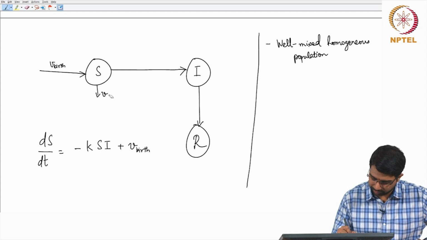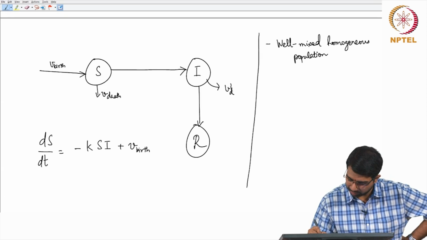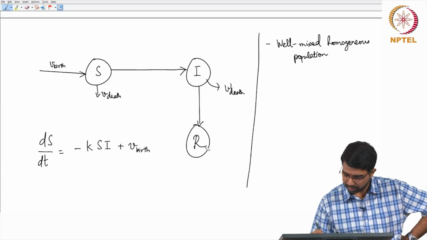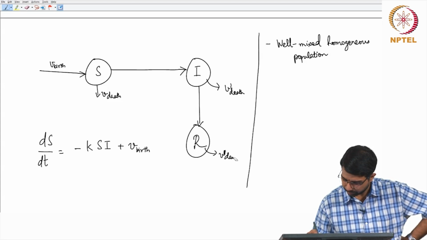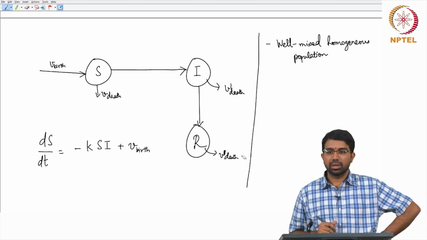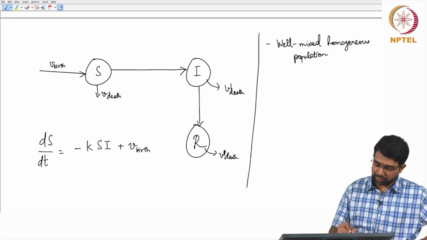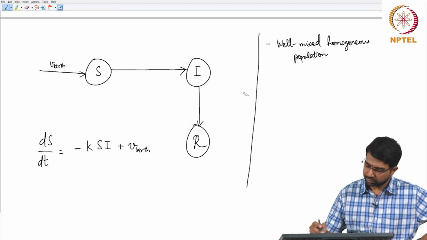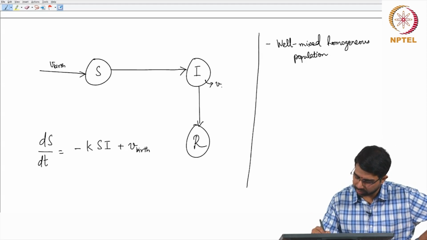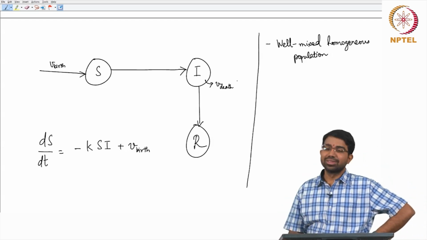You may have to consider a V death, you will have a different V death here and a different V death here. Right. Or for simplicity, we will just leave out the death rates currently, or we can just assume this death, because this may be more significant than other deaths.